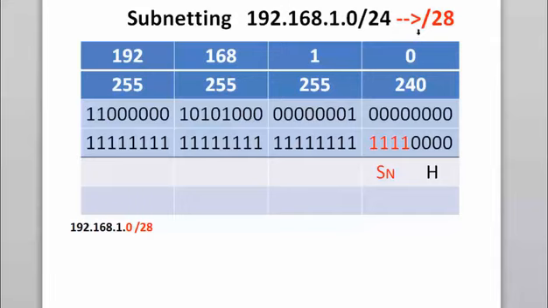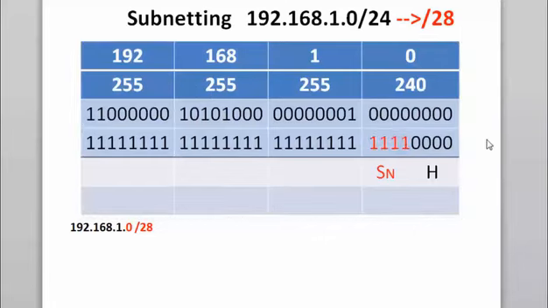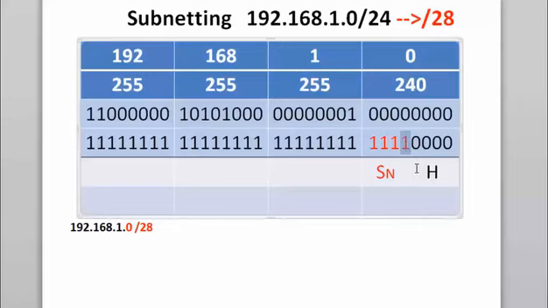I want to subnet it, changing it to /28. /28 means I borrow 4 bits in the subnet mask, so I now have 28 ones counted from left to right. 255.255.255.240 subnet mask. 128 plus 64 plus 32 plus 16 is 240. The last one is in the 16's place. This is the 128's place, the 64's place, the 32's place, the 16's place.